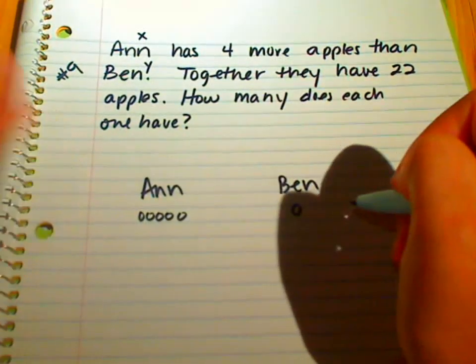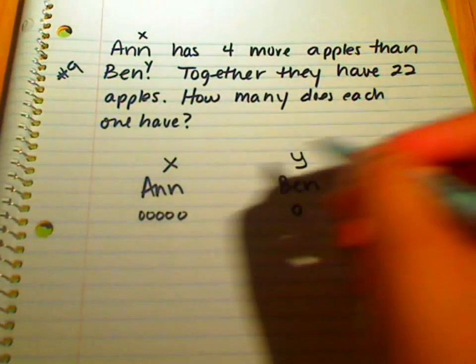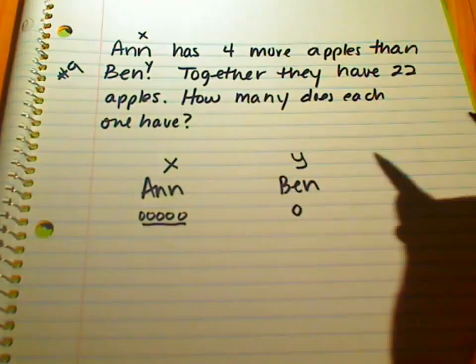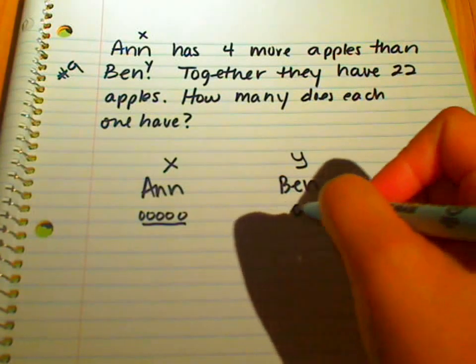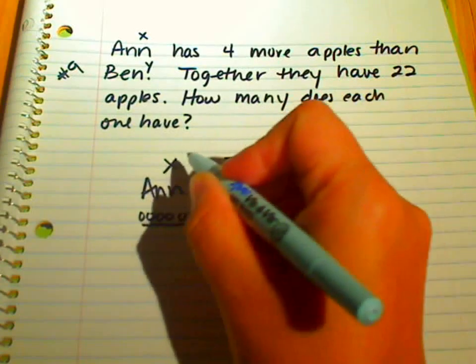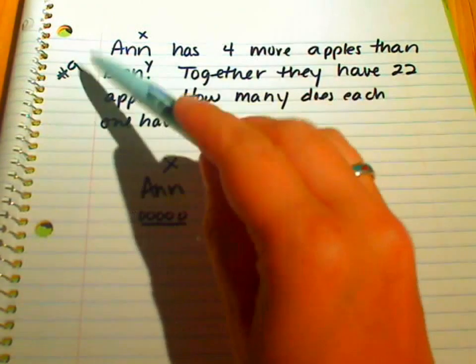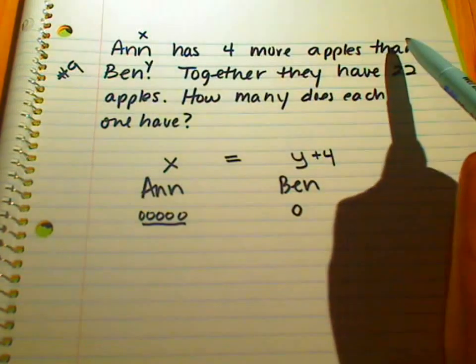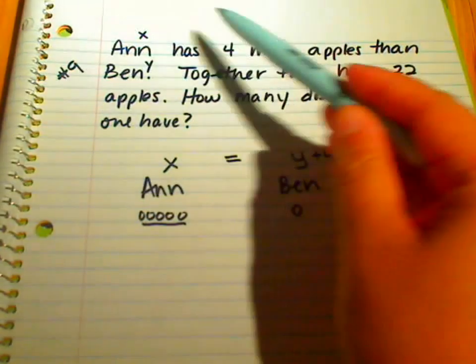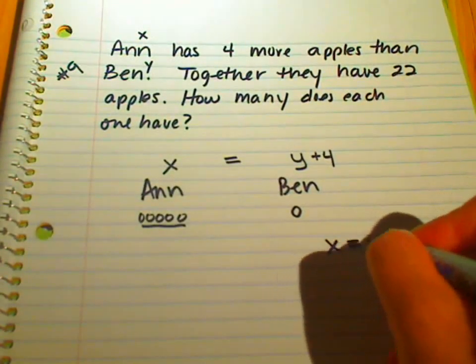So the equal amount in terms of an equation, because Anne is X and Ben is Y, she would have 4 more. So if I take Ben's and I add 4 to Ben's, I'm going to get Anne's total, because Anne has 4 more than Ben. So this is one of your equations, X equals Y plus 4.